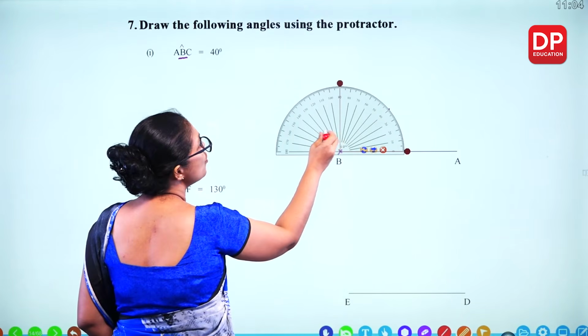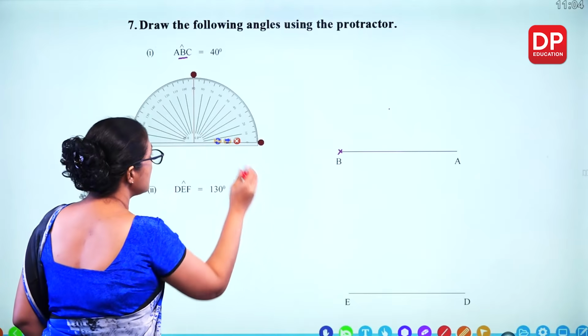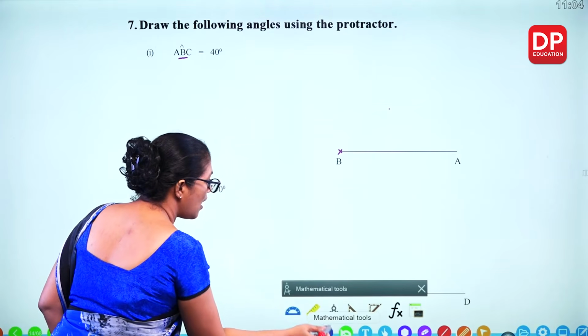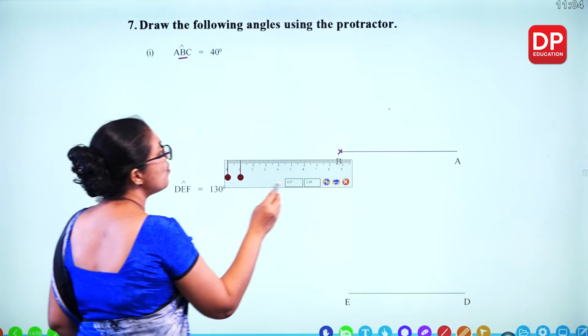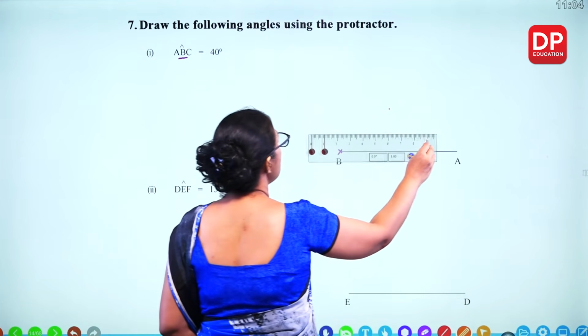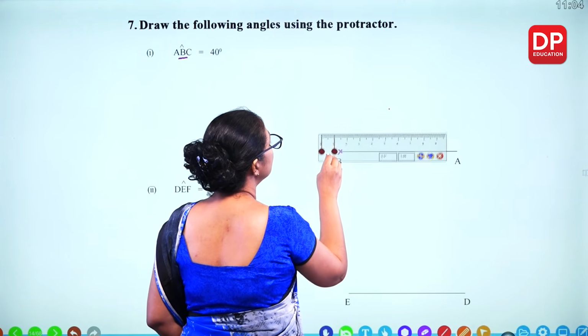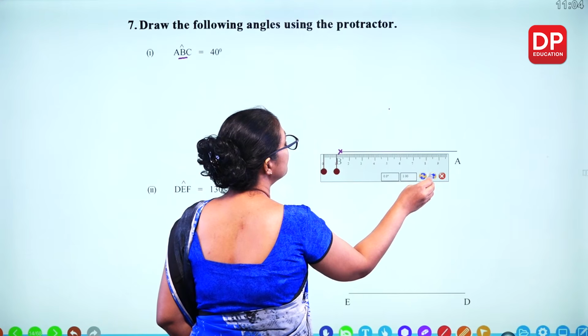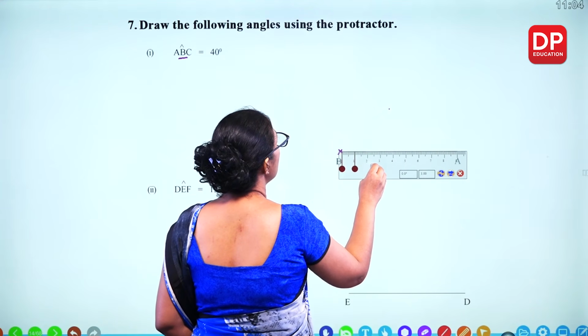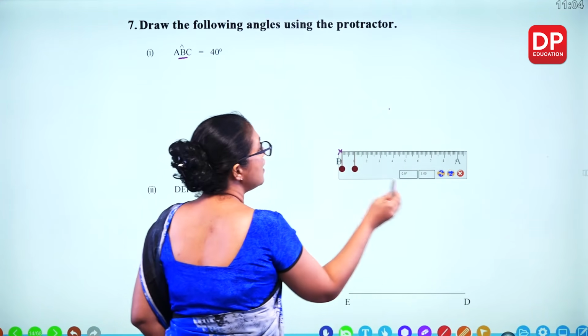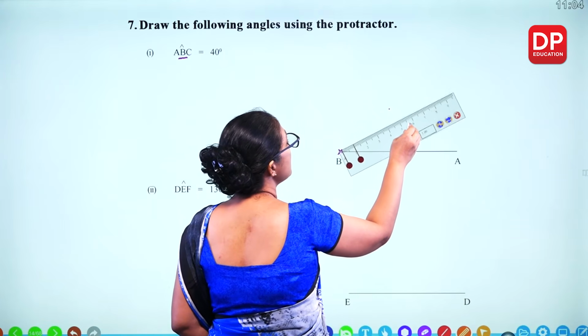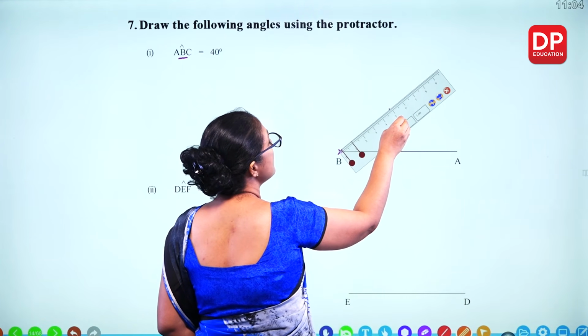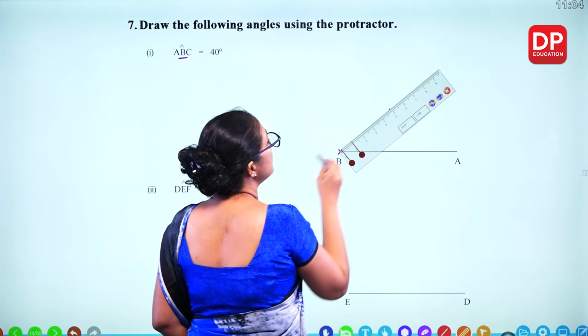And then what you do? You take the protractor out and then you need a ruler. So keep the ruler here. I'll keep the tip here and then rotate so that I get the angle.